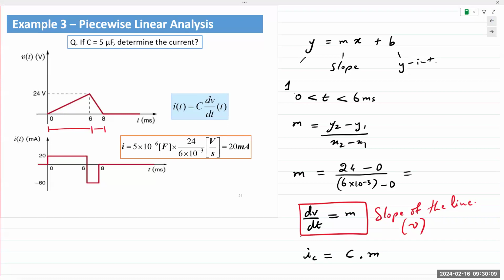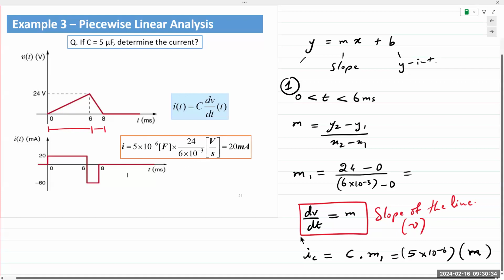Let's call this time period 1, so I'll call this m1. C times m1 gives me 5 microfarads times m. Plug in the value, and this is what we obtain: 5 microfarads times 24 divided by 6 milli.